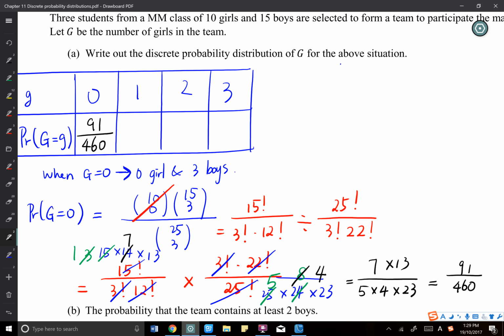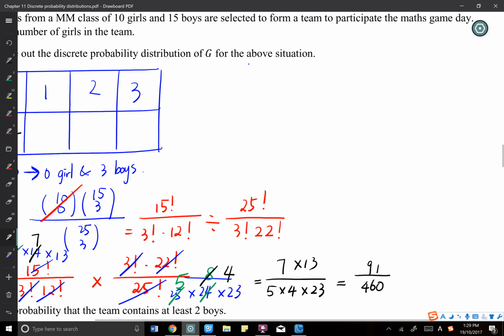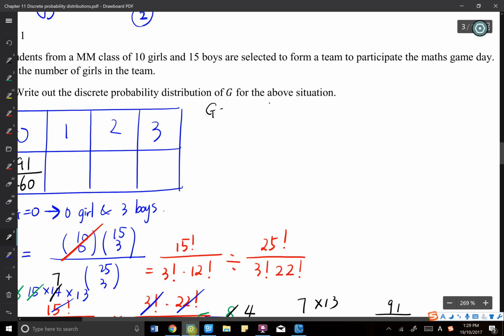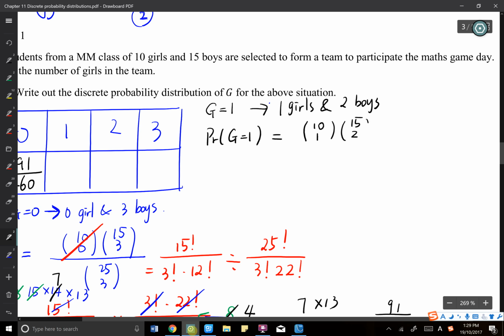I'll just show you another example. I want to know G equals 1, which means there's one girl. How many boys do I need? 2 boys. So the probability that G equals 1 will be: you have 10 girls, you want to select 1. You have 15 boys, you want to select 2. And the denominator is still 25 choose 3.